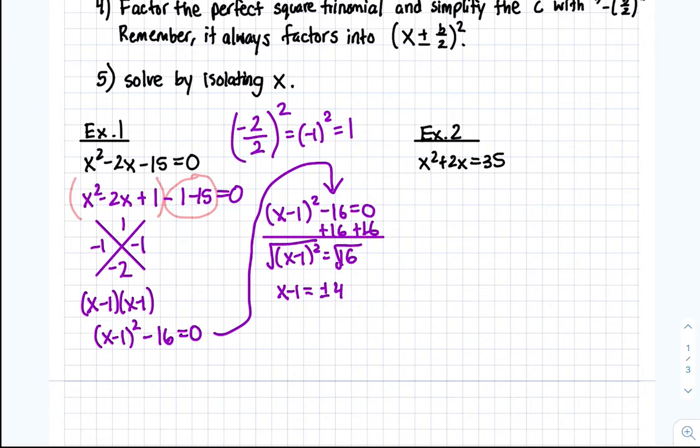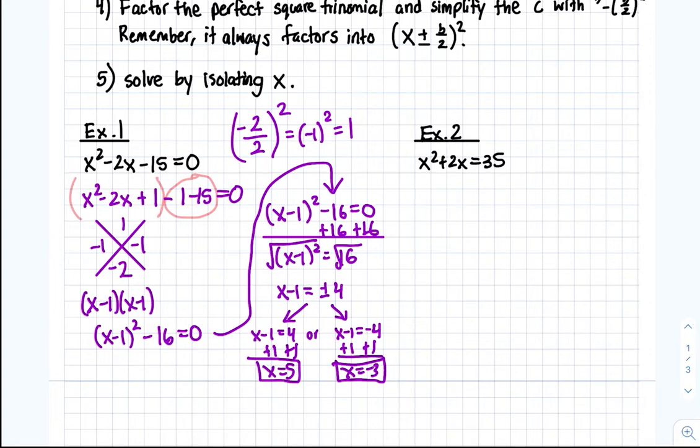So we have two equations: x minus 1 equals 4, or x minus 1 is equal to -4. And then we solve. So x is equal to 5, or x is equal to -3. And that is how you guys solve by completing the square.